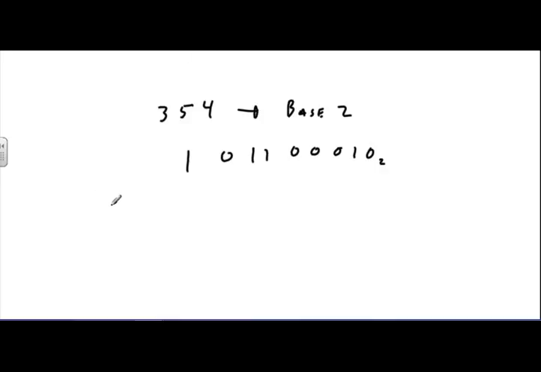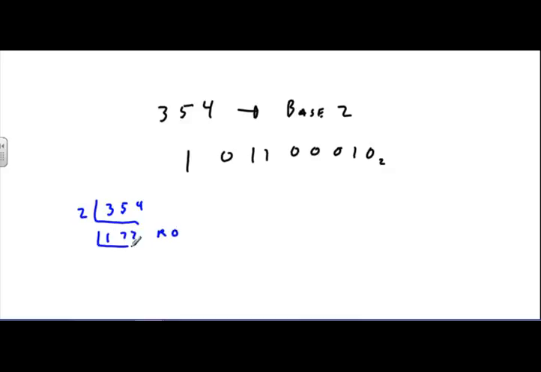Okay, so I've got 354. I'm going to divide that by 2, and I've got 177, remainder 0.